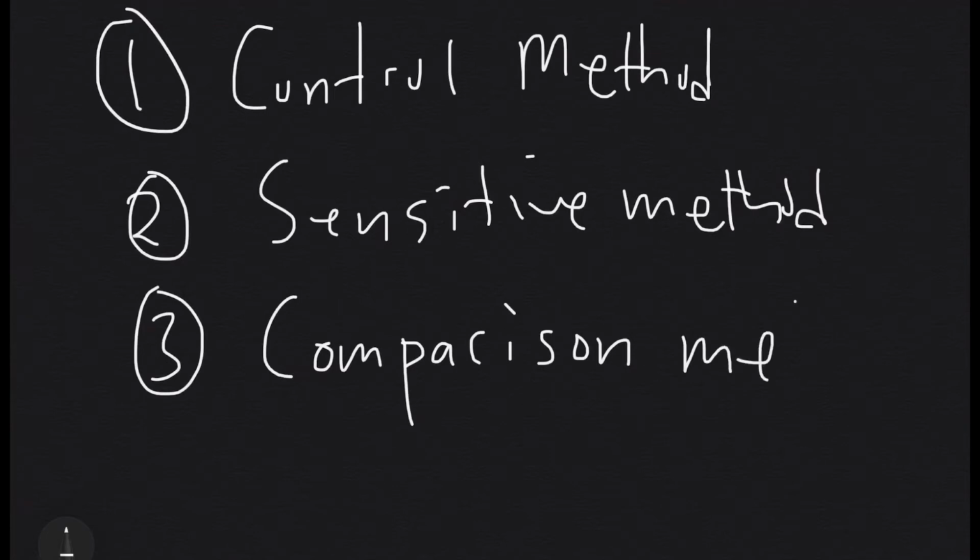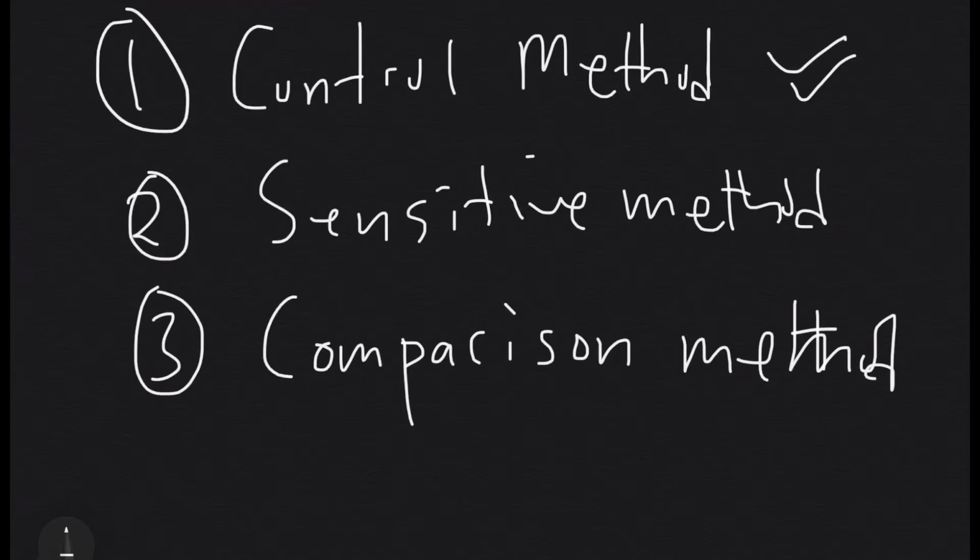However, in today's calculation, the most important one, the control method, is what we usually use in determining the limit of impurities. So today we'll focus on the control method in determining the maximum allowable amount of impurities in drug.